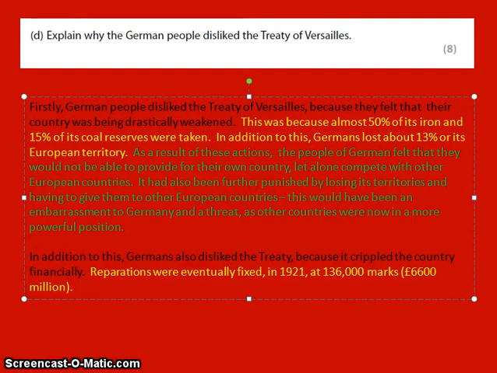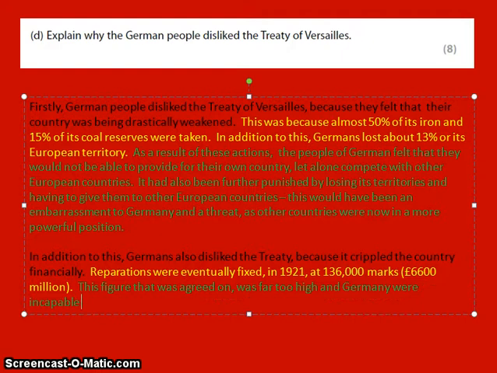So we've got, in addition to this, Germans also disliked the treaty because it crippled the country financially. Reparations were eventually fixed in 1921 at 136,000 marks. This figure that was agreed on was far too high, and Germany were incapable of paying it.